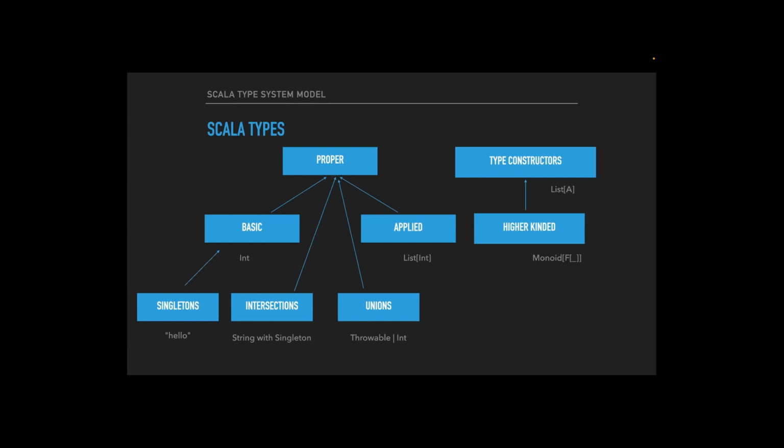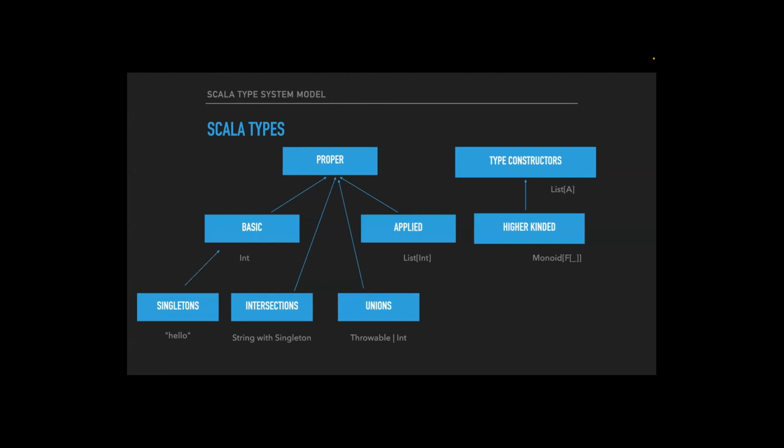Another important class is type constructors, which are used to construct other types, usually by applying arguments to the type constructor, like a generic list is a type constructor. A type constructor which accepts another type constructor is called a higher kinded type, and such types form another important class of Scala types.